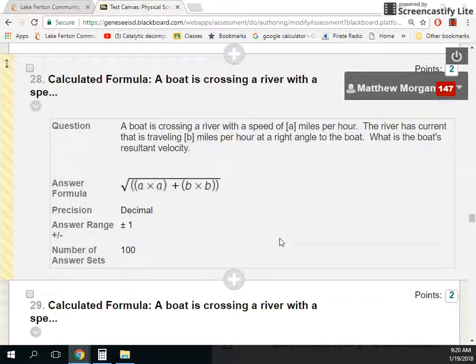Now, ladies and gentlemen, this is one thing that you're going to have to pay attention to, because this is off the combining vectors. So when you're writing that formula sheet, you have to remember that a squared plus b squared, square rooted, will give you that answer.